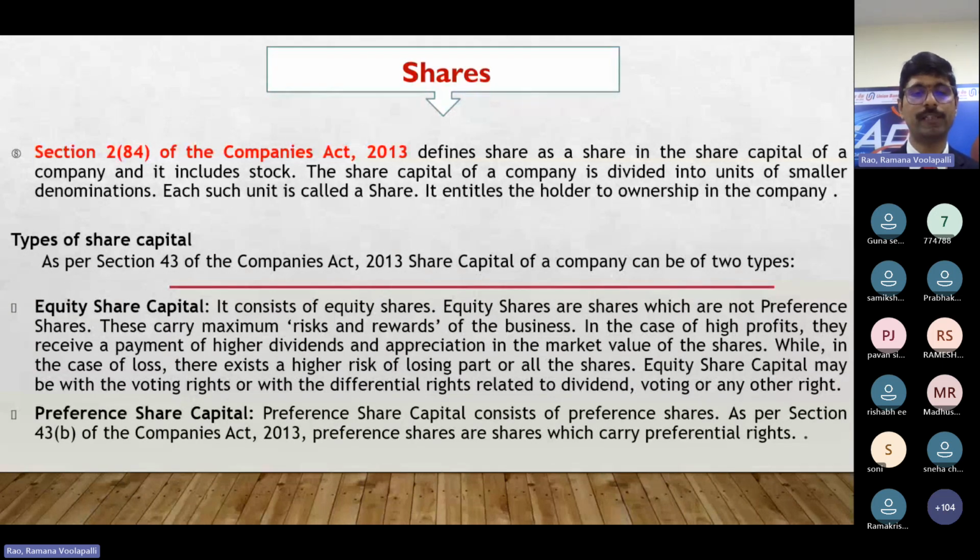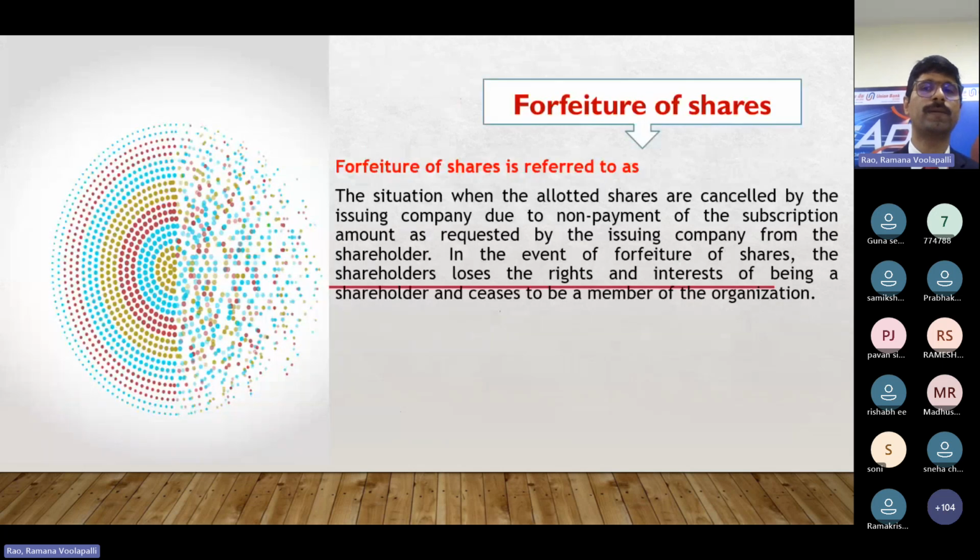So what are preference shares? Preference share capital consists of preference shares as per section 43 of the Companies Act 2013. Preference shares carry preferential rights, because when it comes to liquidation, equity shares are paid last, whereas preference shares get preference over equity shares.